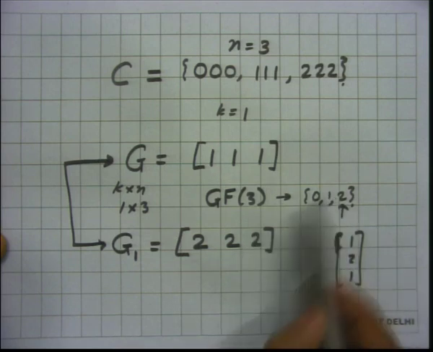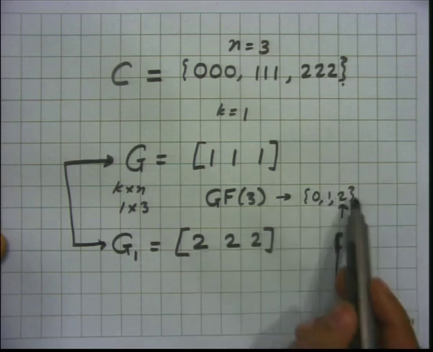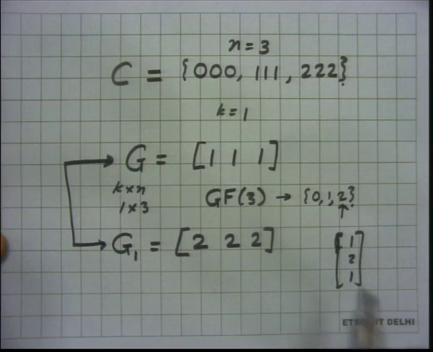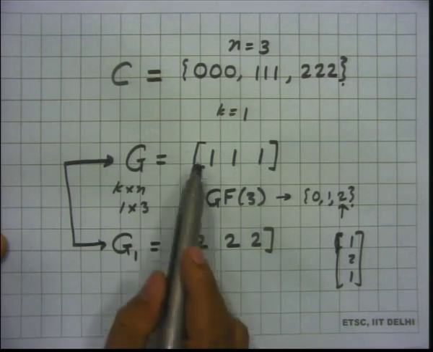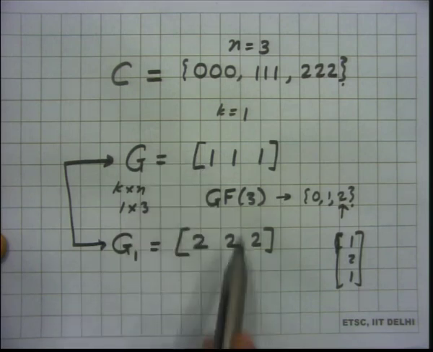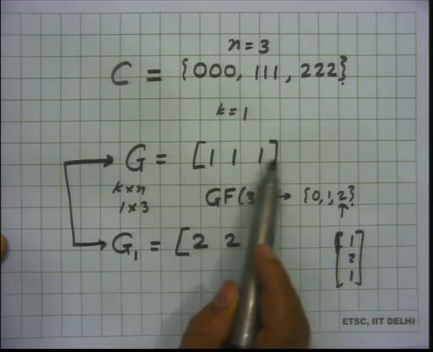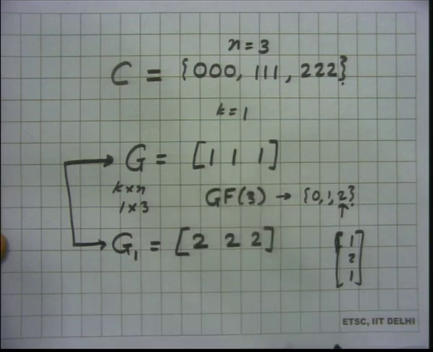So I multiply it with a 1 which leaves it unchanged, or I multiply it with 2. So the point to be noted is we have just created these two as linear codes which are equivalent by scalar multiplication of this row by 2. So the scalar is 2.